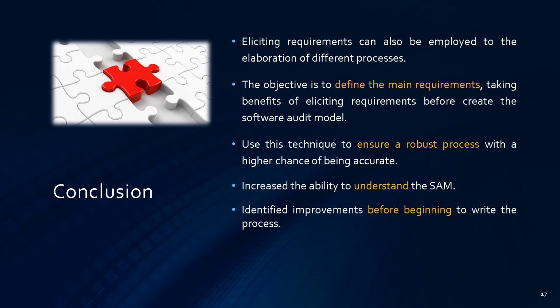By using this approach, it was possible to take all the benefits of defining the main requirements of my software audit model before writing its entire process, which will allow me to propose a robust process that is accurate to be used. It also gave me the ability to understand what is necessary to propose a new software audit model, which are the most relevant aspects for it, and implement improvements in my initial proposal.